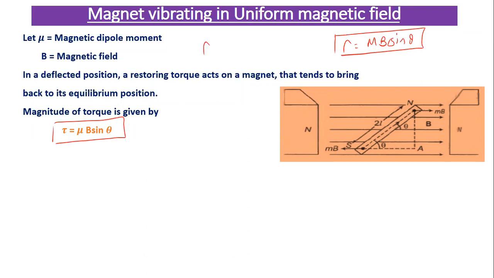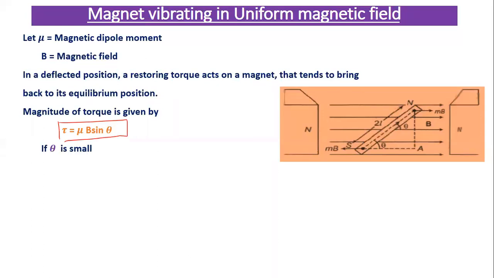Torque acting on an electric dipole is PE sine theta, where P is the electric dipole moment, E is the electric intensity and theta is the angle. Here M is the magnetic dipole moment and B is the magnetic induction. So instead of capital M here we use mu. So the torque acting is given by the formula mu B sine theta.